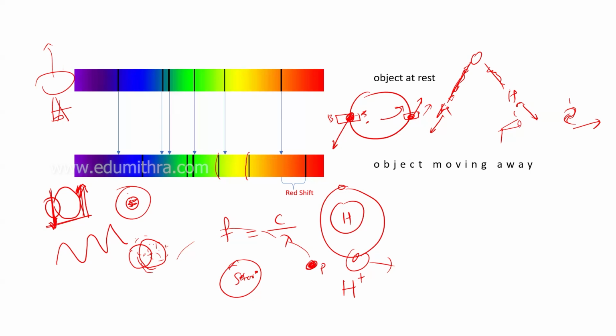How do we know the wavelength by looking at the spectrum? Just by looking at the spectrum, how do we understand what the wavelength is? Okay, just by looking at the spectrum, we cannot understand what wavelength it is.